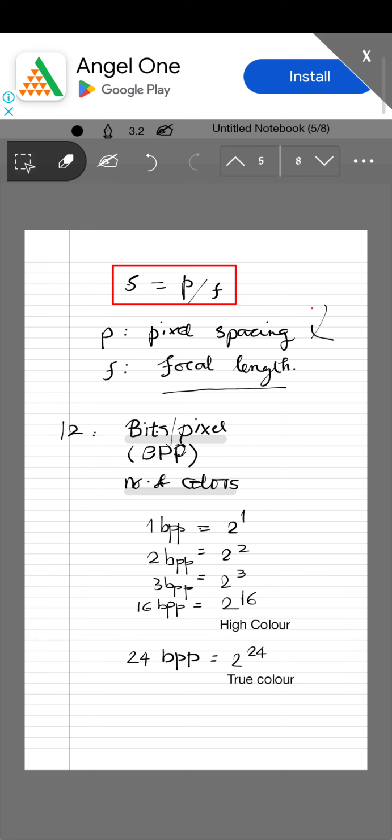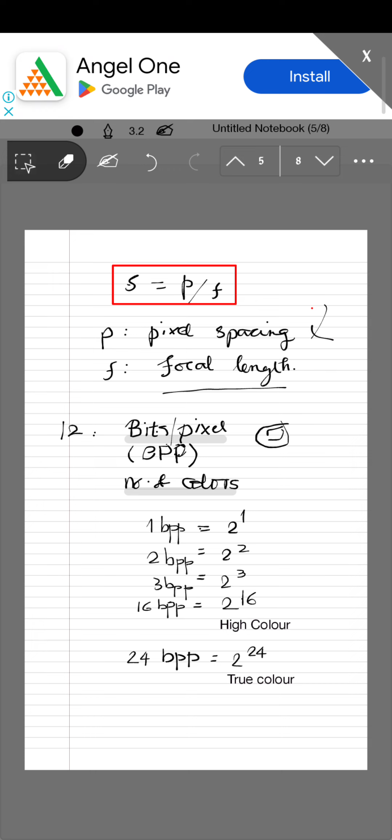So, how do we quantify how many pixels will give what kind of resolution? For that, another quantity called BPP, bits per pixel, is used. It gives the number of colors each pixel can show or detect. The more colors a pixel can detect or show, the higher its resolution, and it depends upon this quantity, bits per pixel.